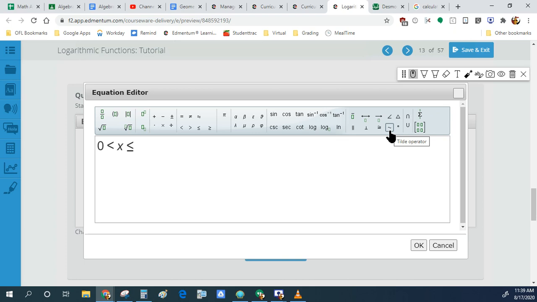I can't believe their equation editor doesn't have it. It has sigma, but it doesn't have infinity. We're gonna use phi as the infinity symbol, because there's no infinity.